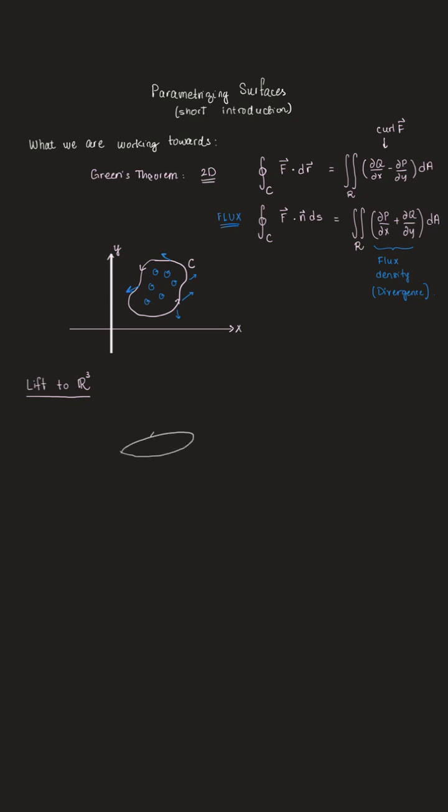So here's a curve, and maybe it is the boundary of some surface. And what happens along the boundary of this surface is related to the curl at every point on the surface. So we have a need to find a parametric description of surfaces so that we can express these integrals using those parametric descriptions.